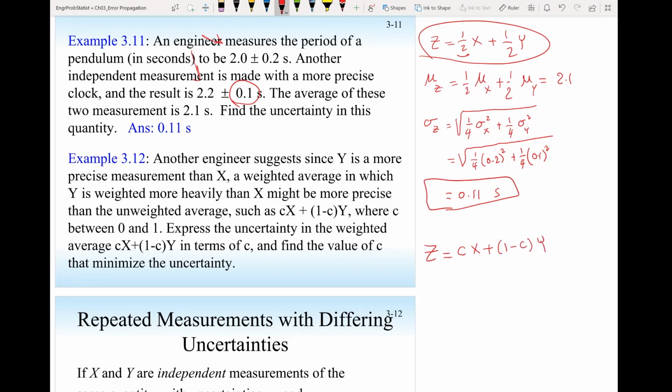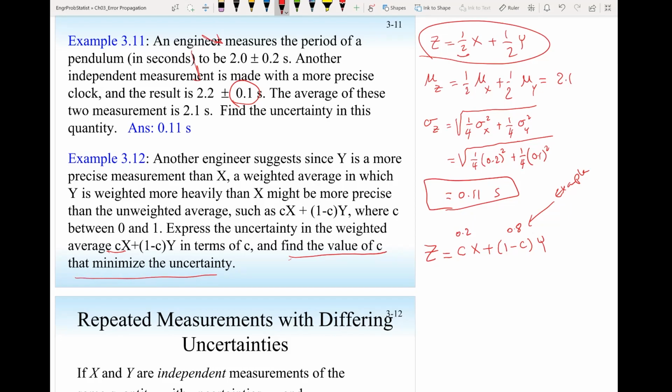So that's the unweighted average when C is 0.5. Here C could be 0.2, and 1 minus 0.2 is 0.8. So I'm estimating Z by taking 20% of the value of X and 80% of the value of Y. The question is, express the uncertainty in terms of C and find the value of C that minimizes the uncertainty.